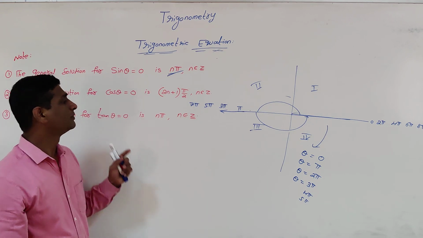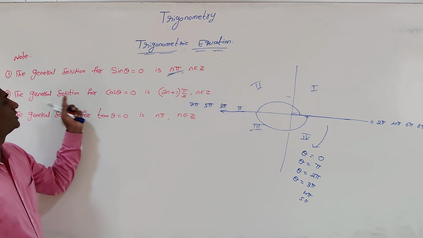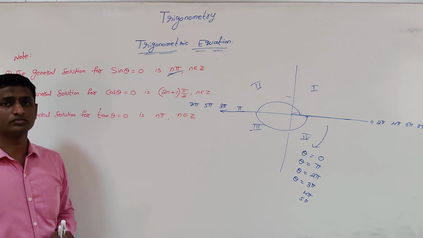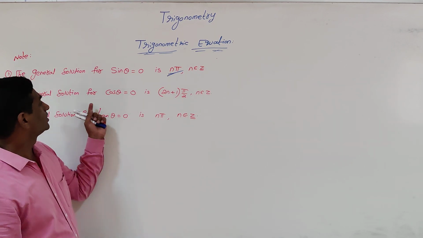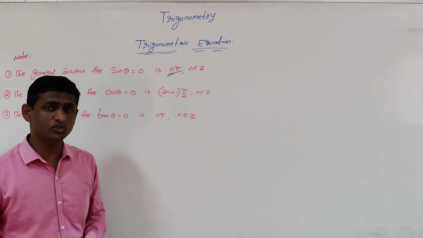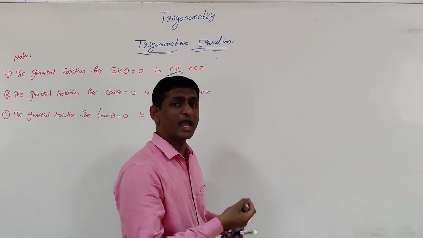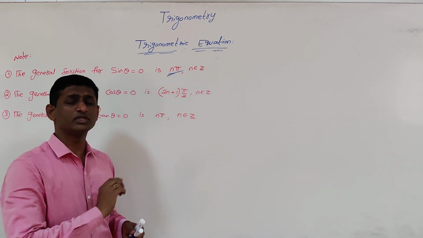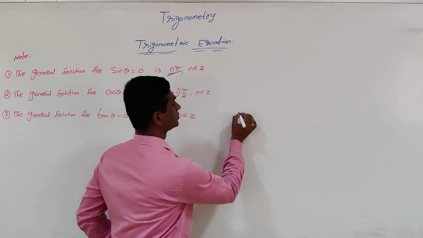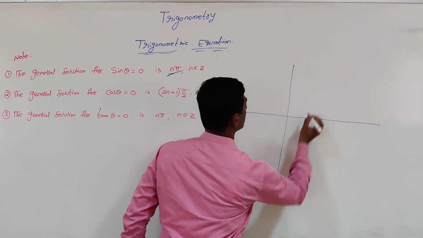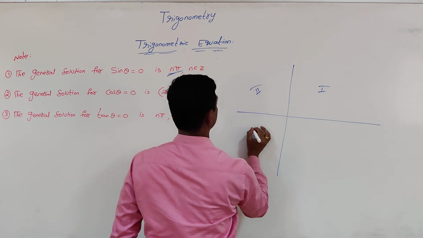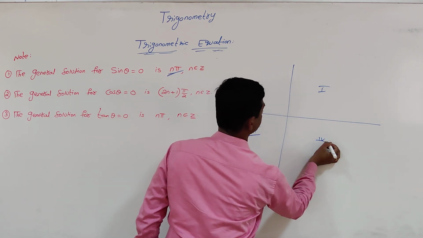Coming to the trigonometric equation, what is the general solution for cos theta is equal to 0? We'll see the graph, for what angles that equation is satisfied. If you see the graph, first quadrant, second, third, fourth.